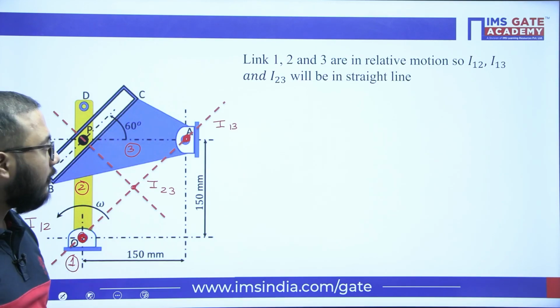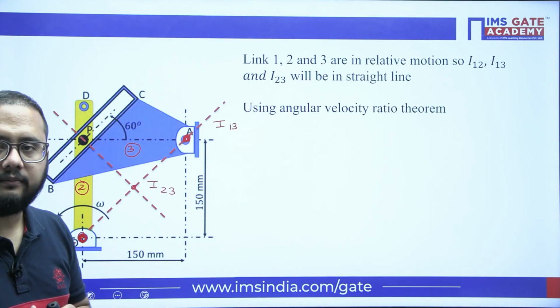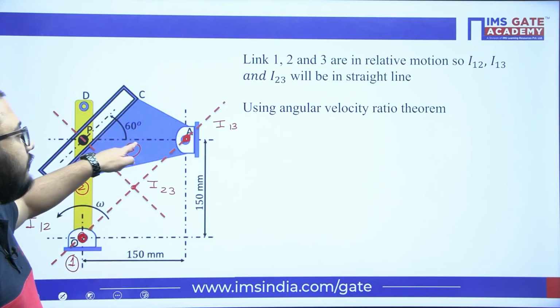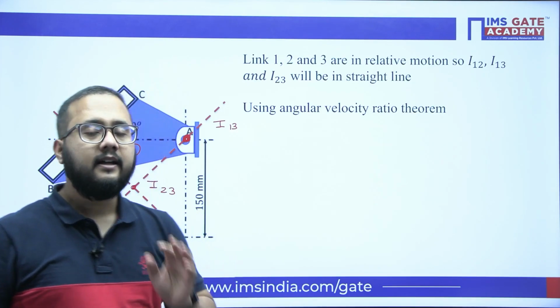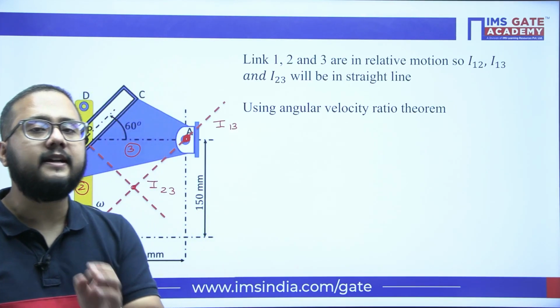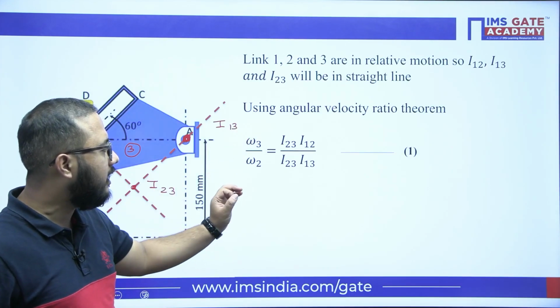Next, the angular velocity ratio theorem, because they are asking for the angular velocity of link ABC, which I have mentioned as link number 3. So I can write omega 3 by omega 2.